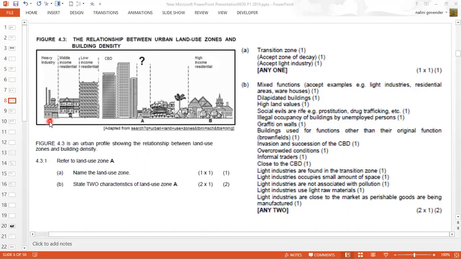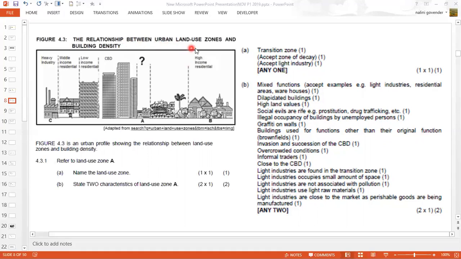Now, as you go from A, moving out towards area labeled C and beyond, we are moving, yes, you are correct, into the rural urban fringe. Same story happens here as you're moving out of the CBD and moving towards the right-hand side. You pass your recreational area and you move into your high-income residential area. And of course, you're moving into the rural urban fringe.